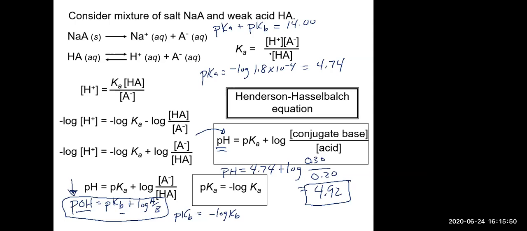When we use this formula, the pKa is different than the Ka value. The Ka value is 1.8 times 10 to the minus 5, but when you convert it into the pKa value, it's almost like pH. You're taking minus the log of it, and you're turning it into 4.74, if that was your question.